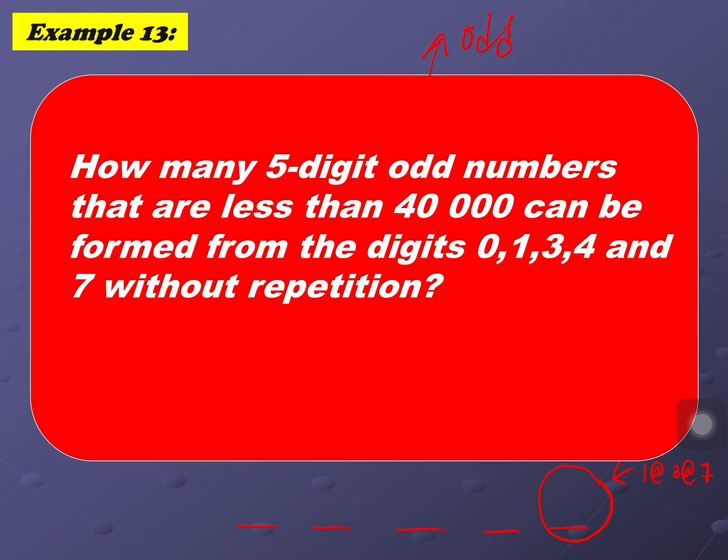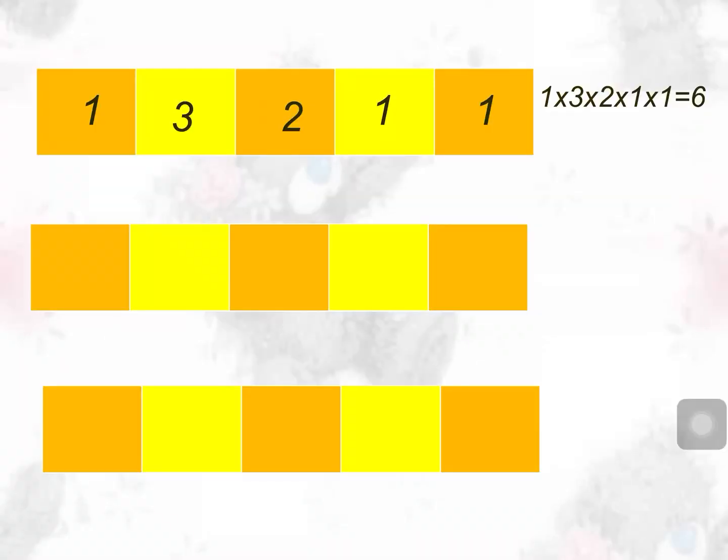The question wants 5-digit odd numbers that are less than 40,000. So how many ways can we get less than 40,000? Can we put 0 in front? No, right? Why? Because if you put 0 in front, the number will only have 4 digits. So there are only 2 numbers that can be filled in front, which is either 1 or 3, right?